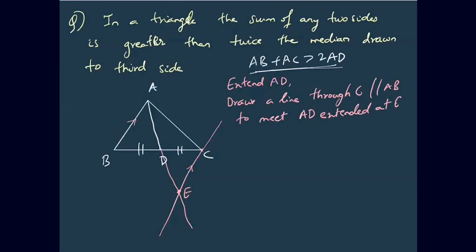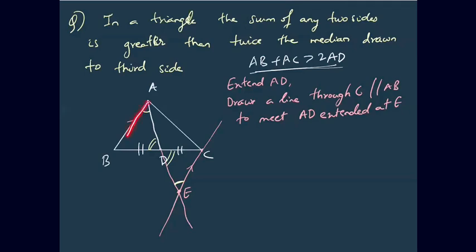Now if you observe, since BA and EC are parallel and AD is the transversal, this angle is equal to this angle because these are alternate interior angles. Angle BDA is equal to angle CDE because they are vertically opposite angles, and BD is equal to DC.